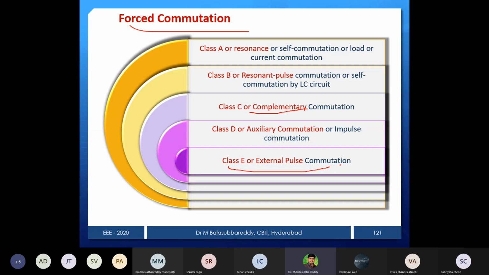If in some cases they ask you to explain natural commutation, you can use a phase control rectifier, like a simple half wave rectifier circuit, and represent the firing pulses, and it is going to turn off.